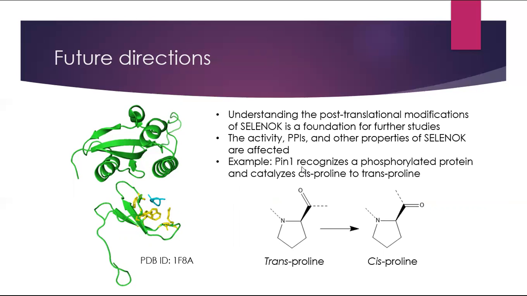And PIN1 only recognizes that motif if the substrate is phosphorylated. So a possible future direction could be if we can determine that specific motif is phosphorylated, PIN1 may actually act on that and in turn modulate K's activity in possibly the ERAD pathway.